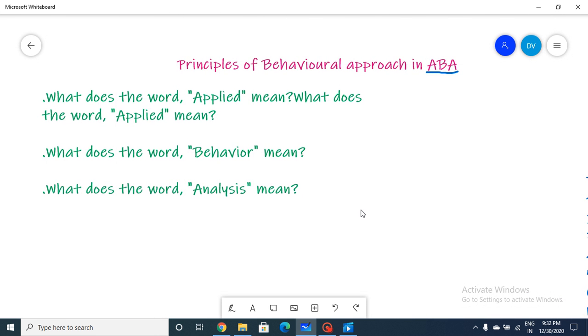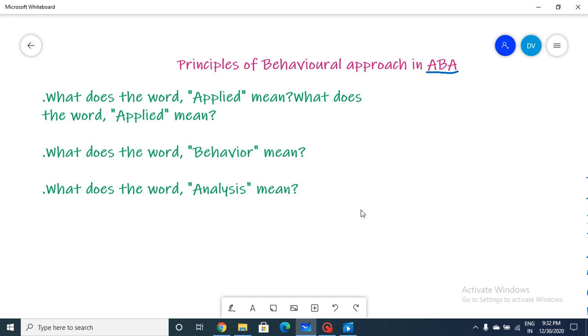Okay, so the principles of behavioral approach in ABA: what does the word applied mean? It means application or applying, and here two more words, behavior and analysis.